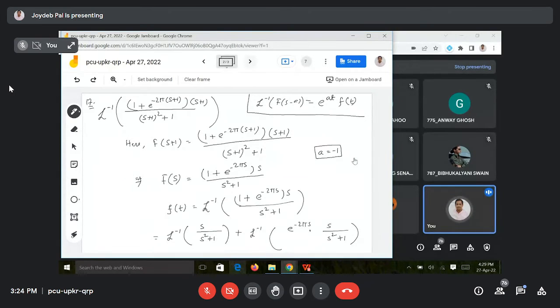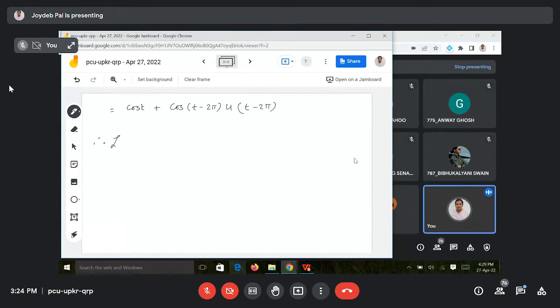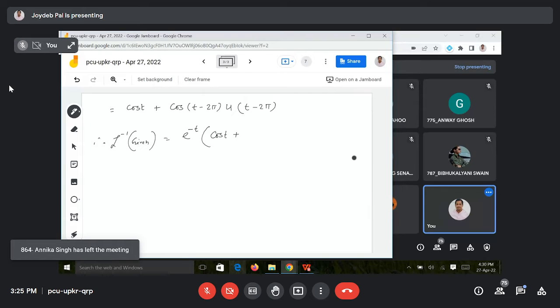So ultimately the Laplace inverse of the given function equals e to the power at, that means e to the power minus t into ft. ft means cos of t minus 2 pi. What does it mean? This is the fourth quadrant, 2 pi minus t.